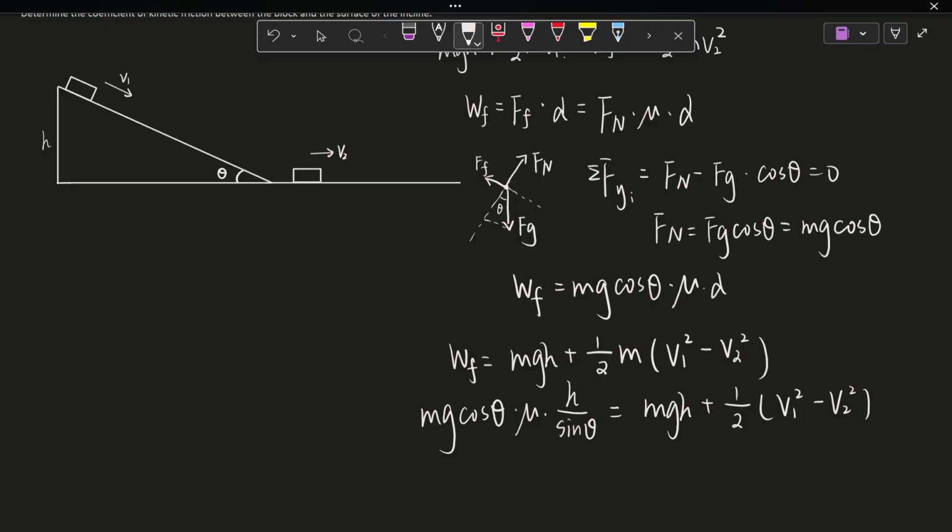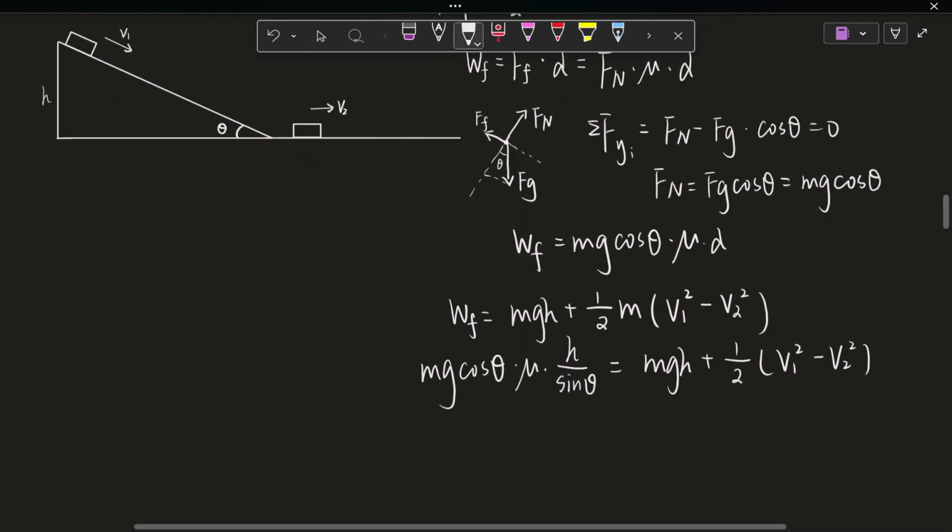And then let's move everything over here except for mu to the other side. So we divide them on both sides, which will get you the final answer.